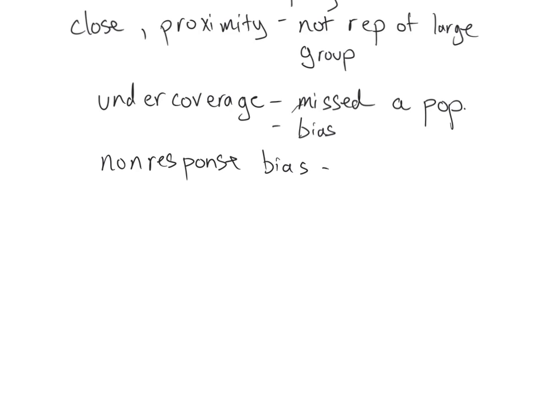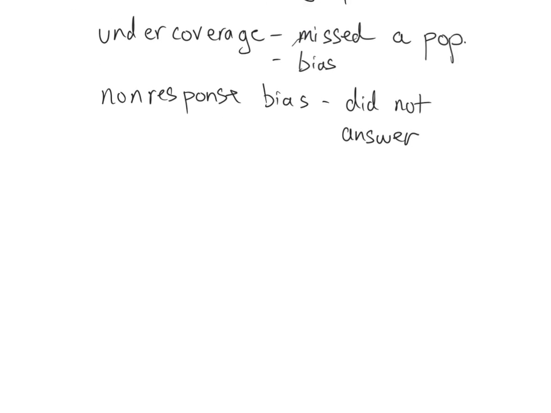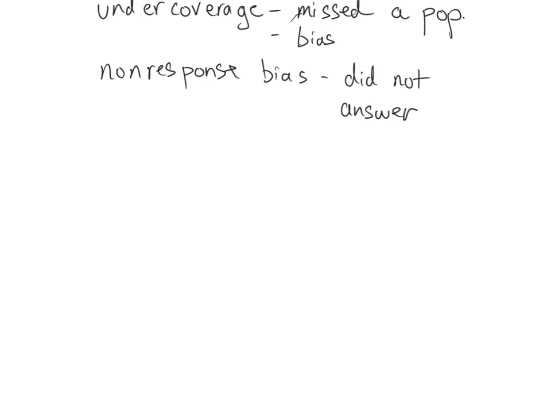You have to acknowledge that, hey, I tried, like we did robocalls and tried to call all these numbers and these people didn't pick up, or from those people that did pick up, they're like, I'm not going to tell you. Well, if they don't tell you, then how do you know their answers? That is a difficult one to overcome.